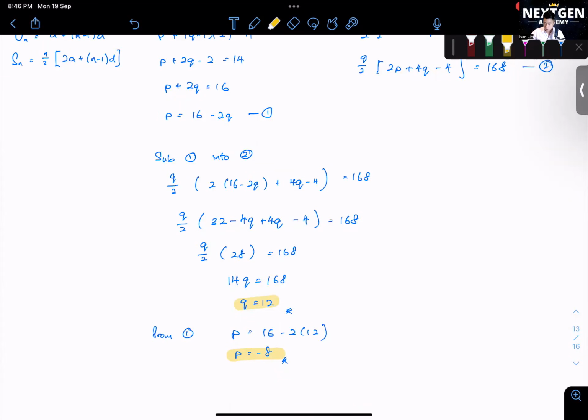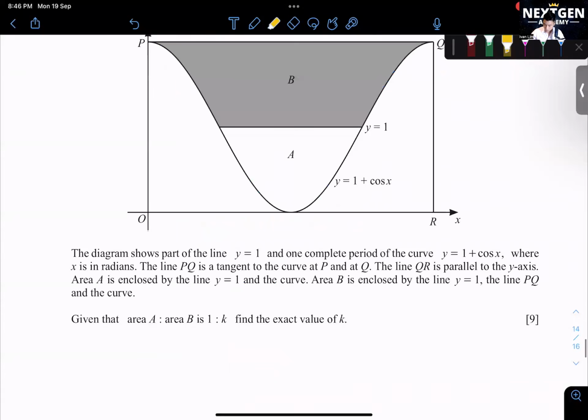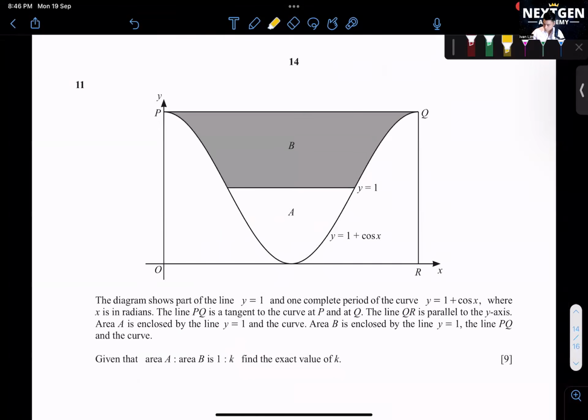Okay, next one, question 11. This is the fun one, 9-mark question. Just gonna tell you all first, I think I've looked through some of your workings for this. Different people got different types of working. The official mark scheme is not very clear on the marks, but they give quite open.